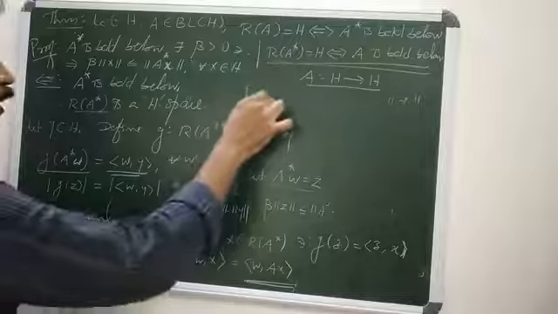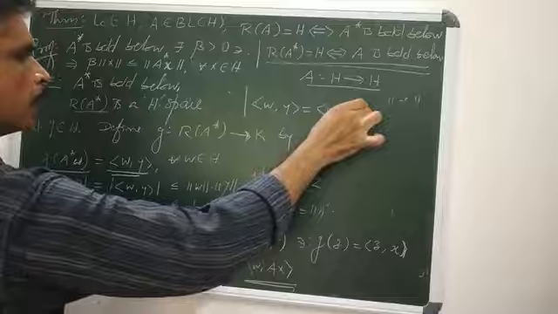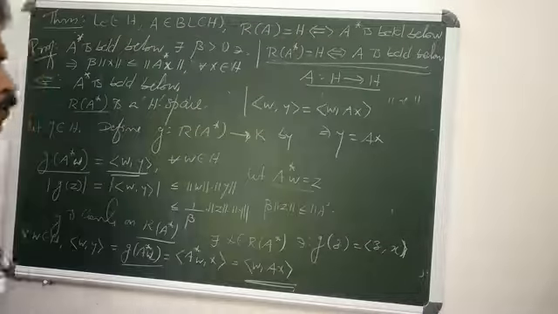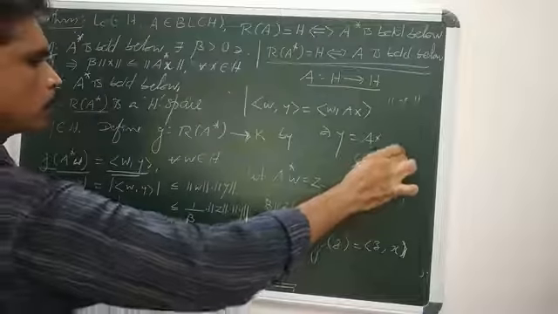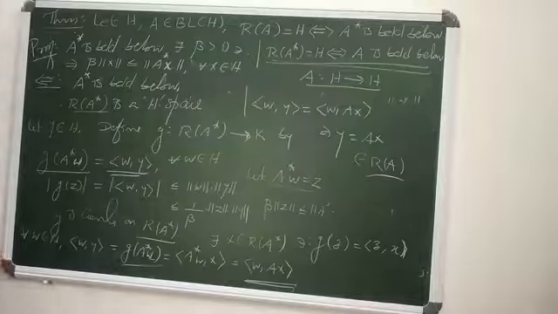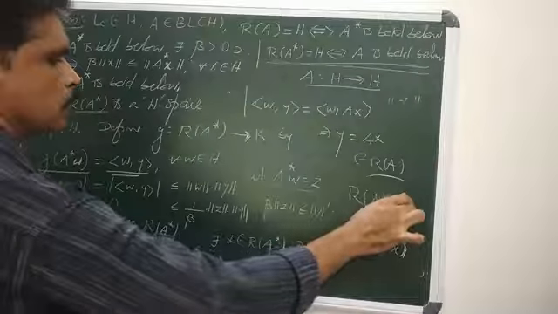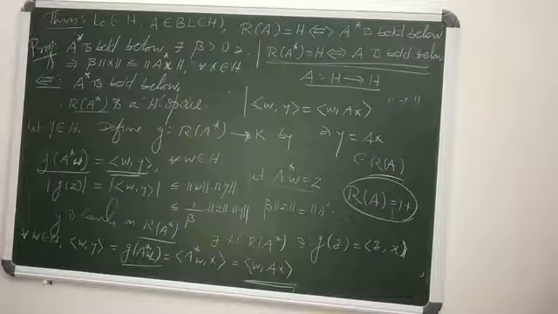That means inner product <w, y> equals inner product <w, Ax>. So from here, y equals Ax. That Ax means it falls in the range of A. Hence, the range of A equals H. So when A* is bounded below, the range of A equals H.